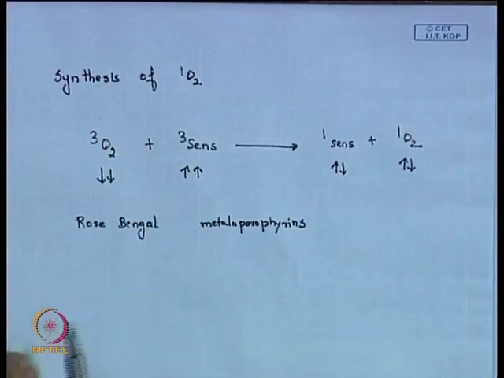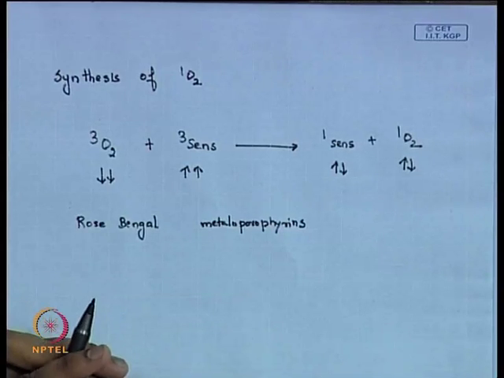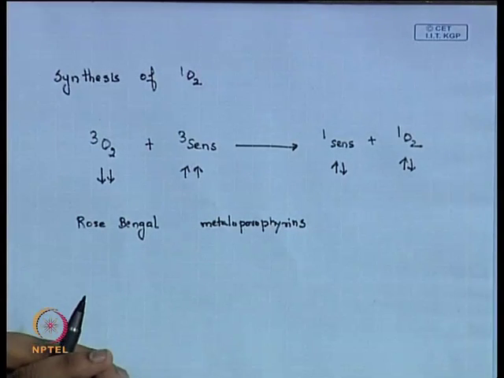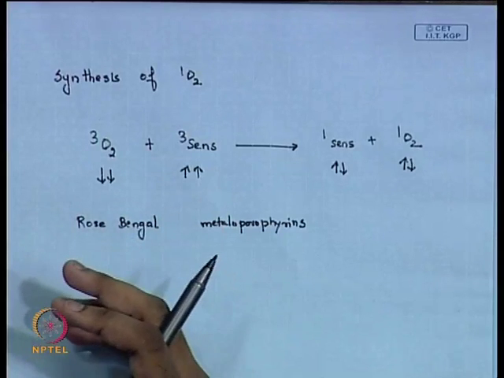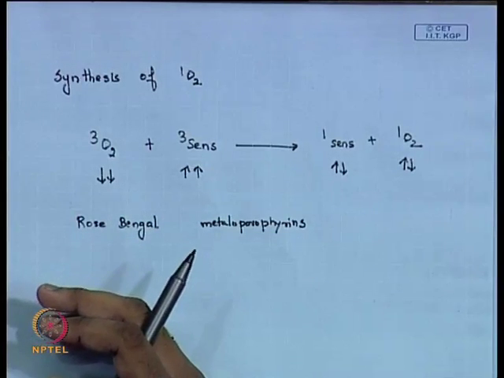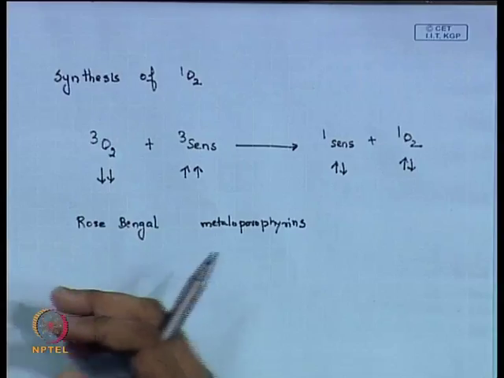This is one common method, which we call photosensitization, by which you can generate singlet oxygen using sensitizers. Nothing big, just take the system with oxygen, put your rose Bengal, keep it in the light, you get singlet oxygen, that is all. Nothing more to do on that.